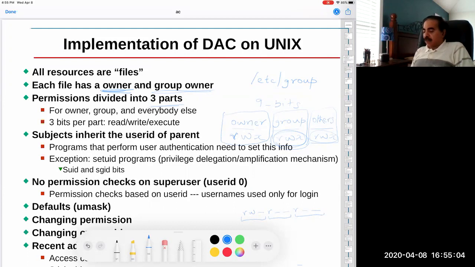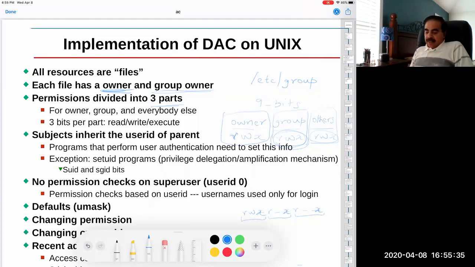If it's an executable, then in addition, you will typically have an x. The typical permission would be that the owner will have all of the permissions, and the group and the world will have both read and execute permissions, but not the write permission.